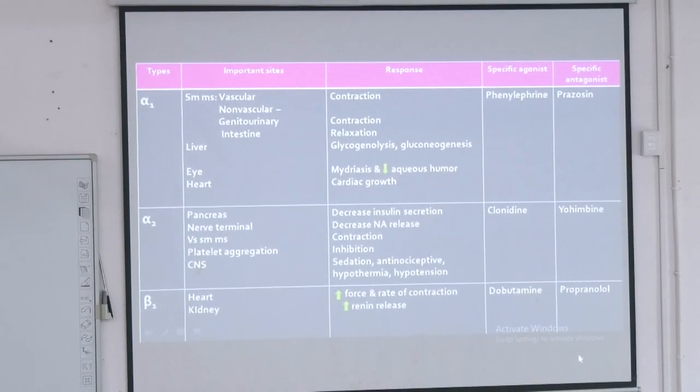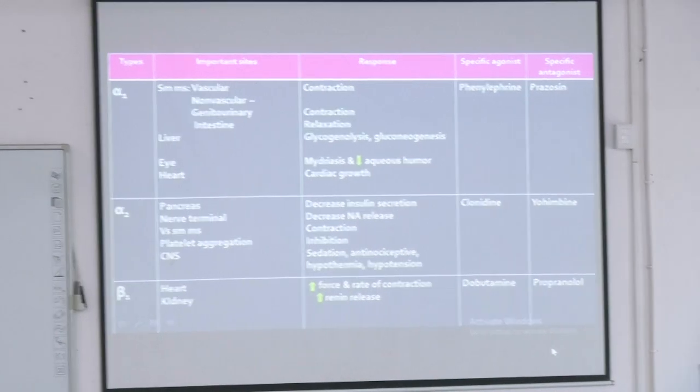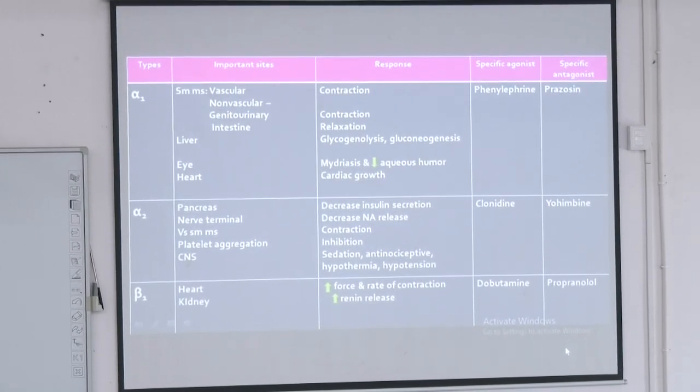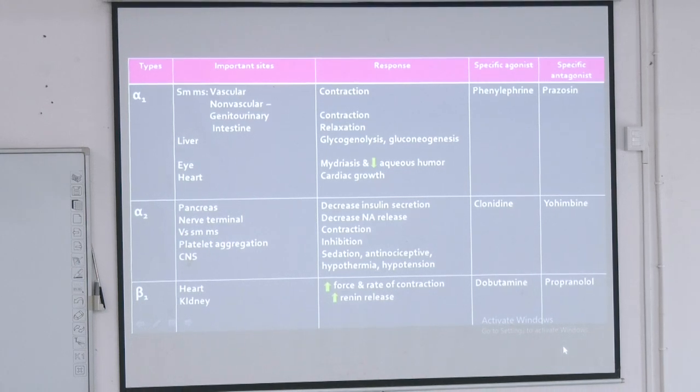Now coming to the receptor, you can see here alpha 1. Without going into detail of alpha 1A, 1B, 1D, for alpha 1 the most important site is the smooth muscle. You can see here vascular contraction. It is mainly the arteriole and precapillary sphincter.